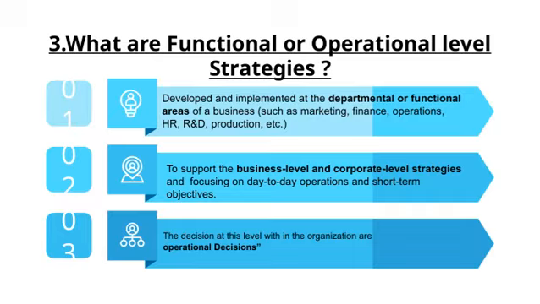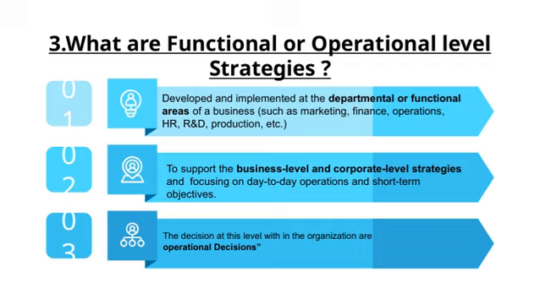Now, let's talk about what functional or operational level strategies are all about. These strategies are designed to support both the broader business level and corporate level strategies by focusing on the day-to-day operations and short-term objectives. Essentially, they help ensure that the company's overall goals are translated into specific actions at the departmental level.